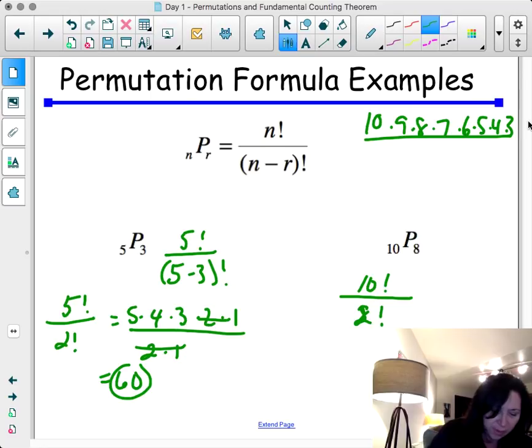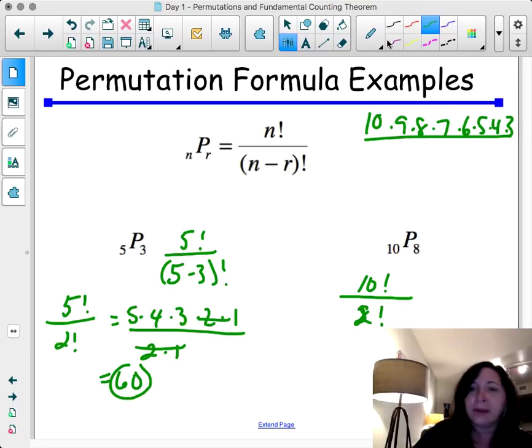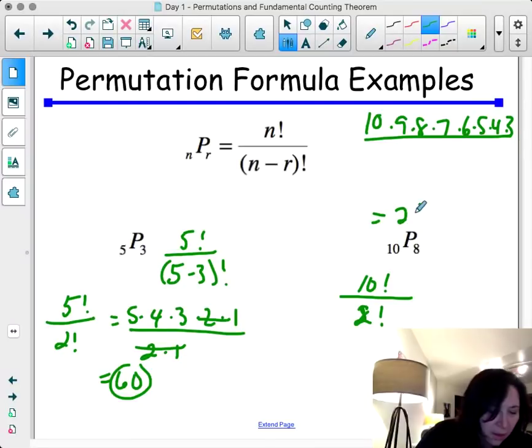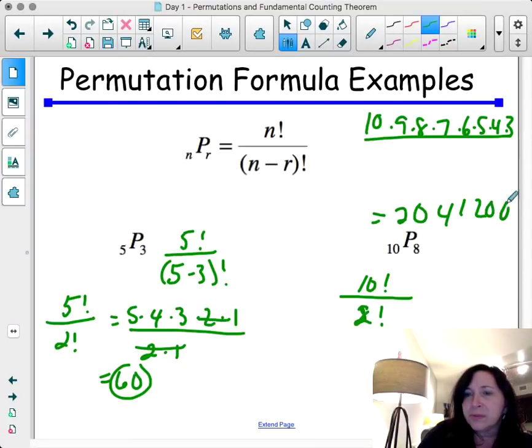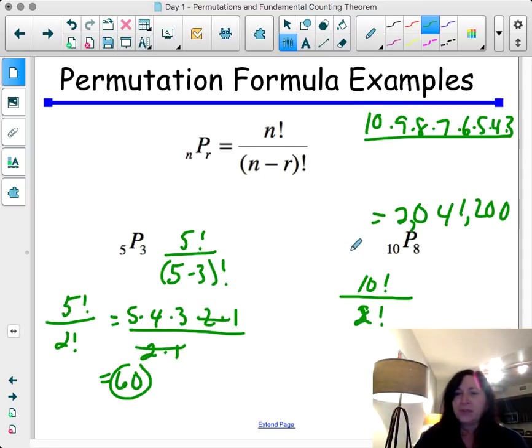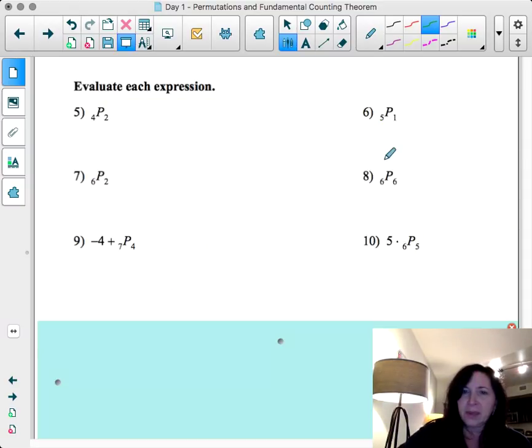So I'm just left with 10 times 9 times 8 times 7 times 6 times 5 times 4 times 3. And I get, for this answer, 2,041,200. So here's some practice problems.